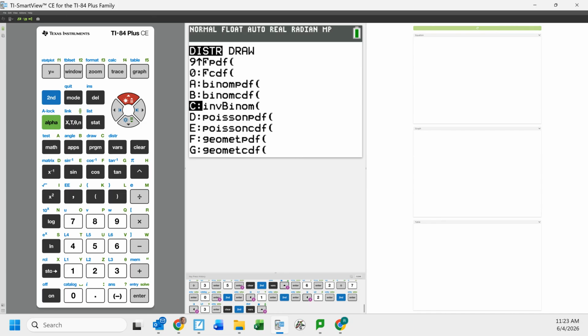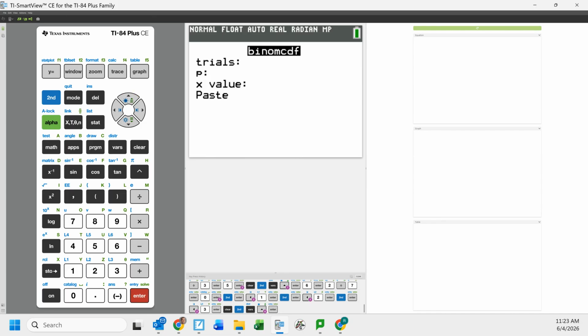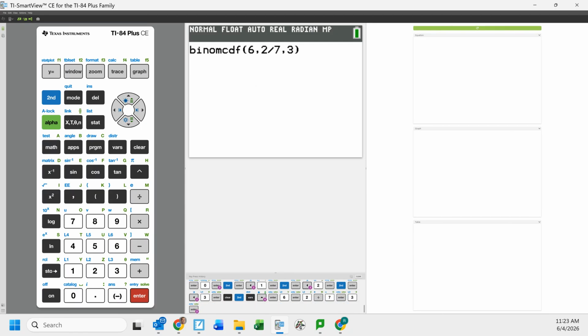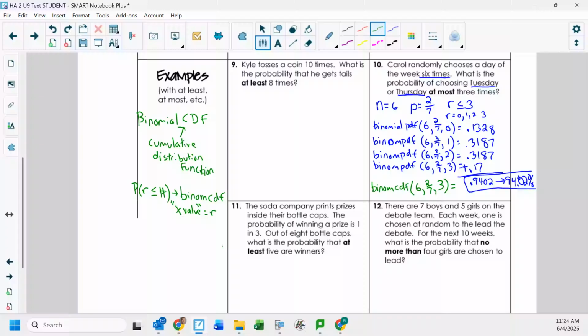Binomial CDF is right underneath binomial PDF, so it's letter B. Our trials is 6. The probability is 2/7. And now we want everything less than or equal to 3, but because it's a CDF, we're just putting our largest value, which is a 3. And again, notice we get that same exact answer, 0.940302. Same answer.